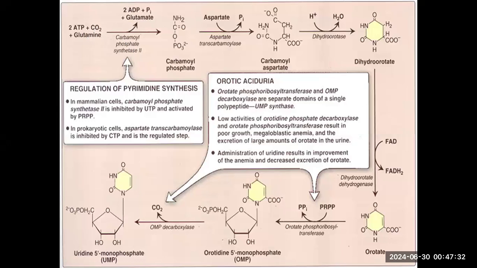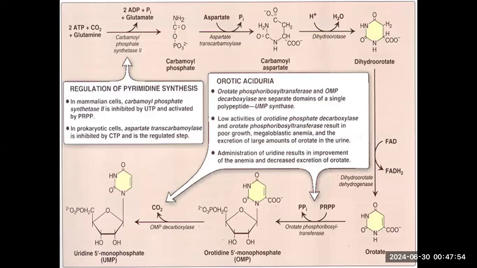In this case, the whole aspartic acid molecule combines with carbamoyl phosphate and makes carbamoyl aspartate. That is, aspartate plus carbamoyl phosphate makes carbamoyl aspartate, and the enzyme is aspartate transcarbamylase.